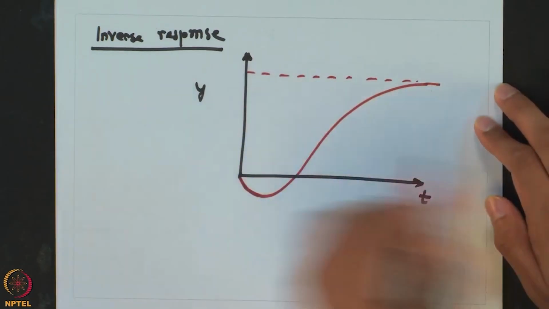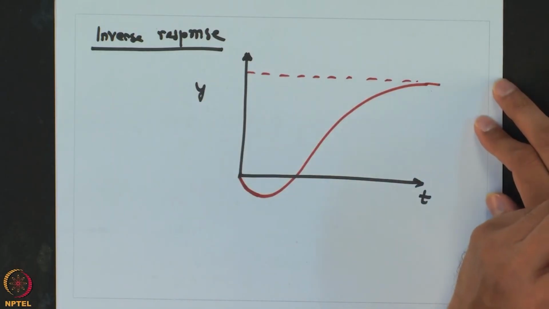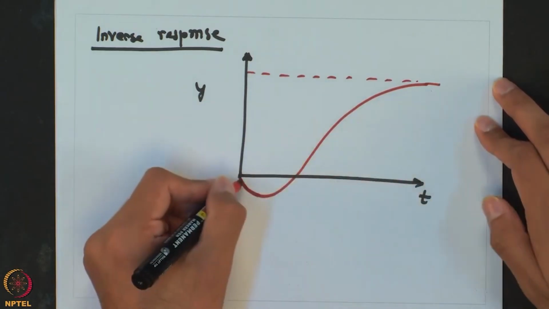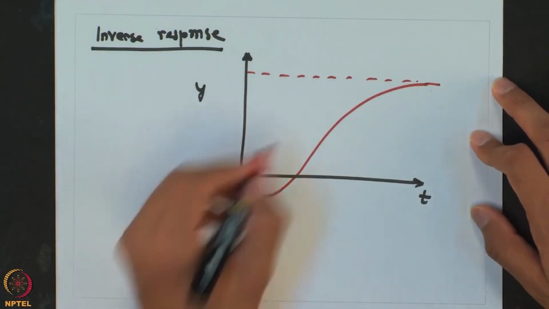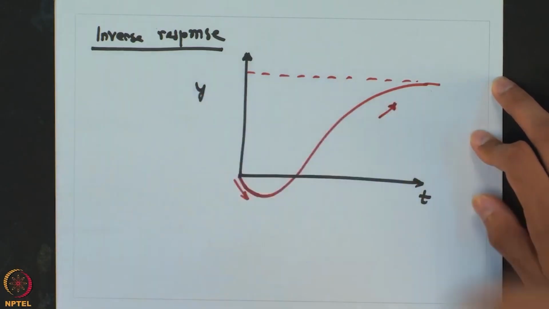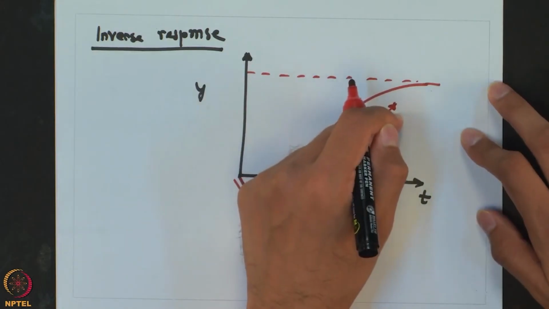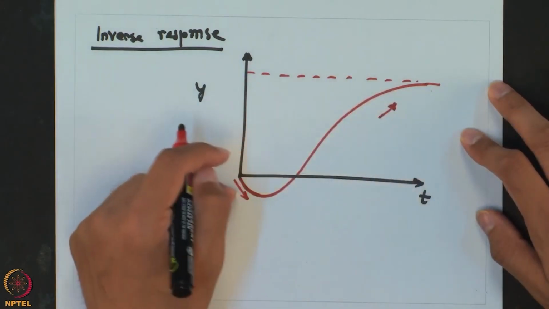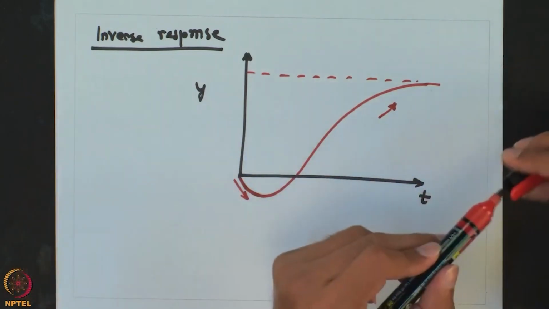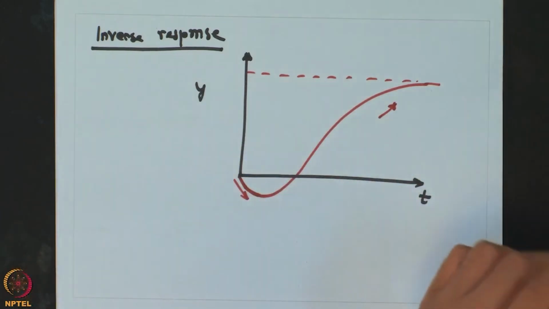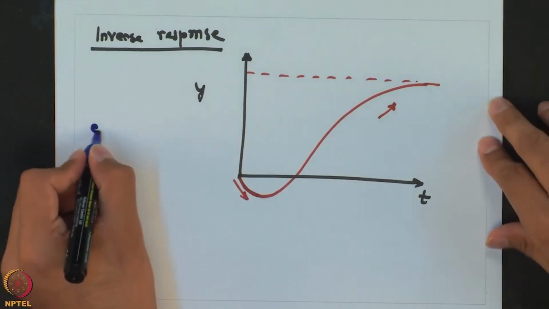Having such a response is known as the inverse response, when the system initially shows exactly the opposite direction of movement compared to the final direction of movement, which is an increase in the output, but initially you can see that there was a decrease in the output. Now, these types of processes are extremely difficult to control.